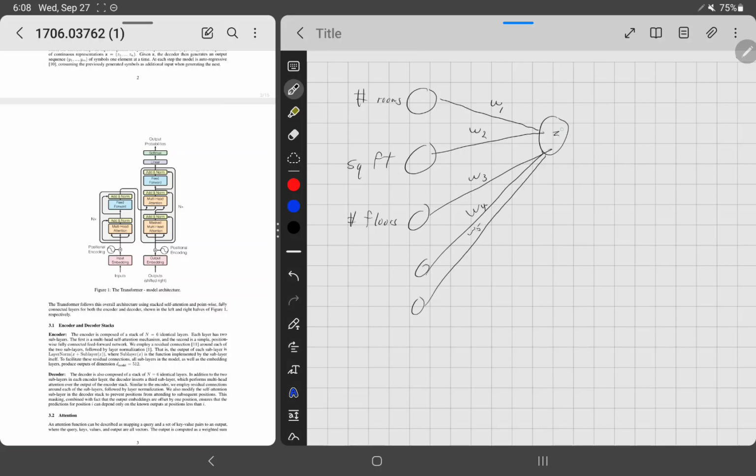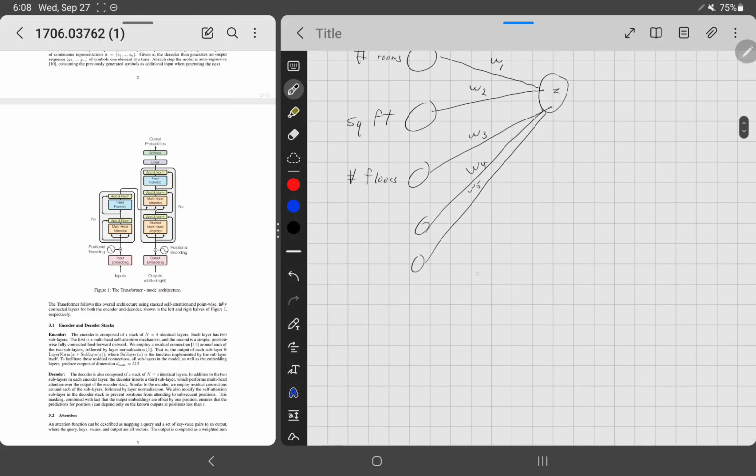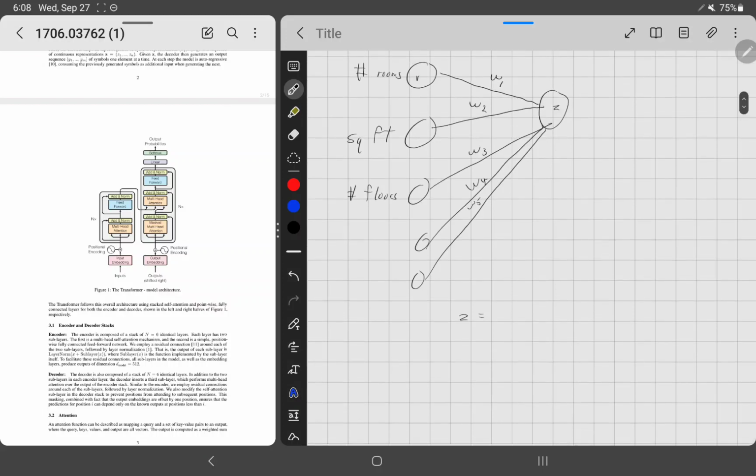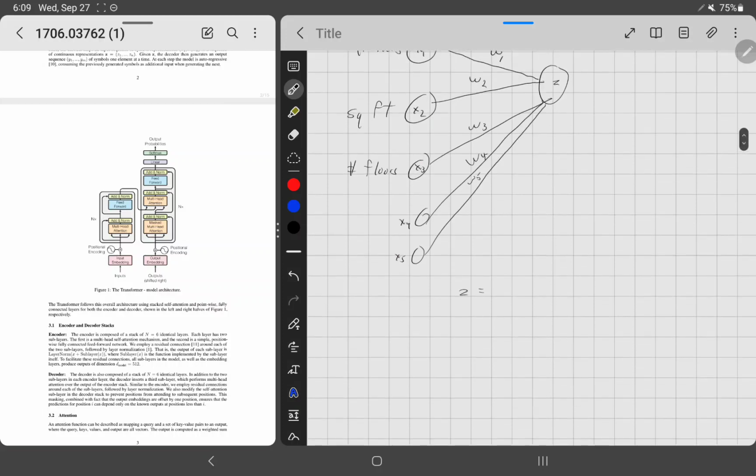You get some output value z, which is just a linear combination of all these, and then you throw a nonlinearity on top. So z is equal to W1 times the number of rooms. We'll call these x1, x2, x3, x4, x5. So z would be equal to x1 w1 plus x2 w2 plus so on.